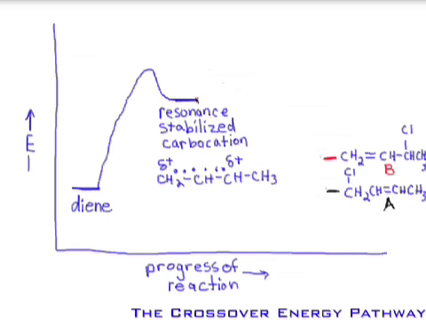While it's not intuitively obvious why this would be the case, we'll just accept that for the moment. And the less stable product, the 1,2 addition product, has lower energy of activation.